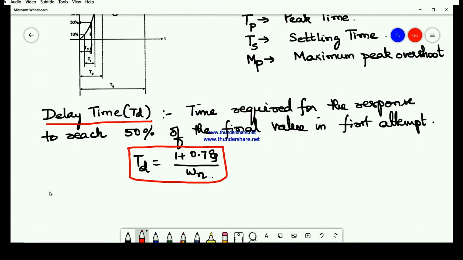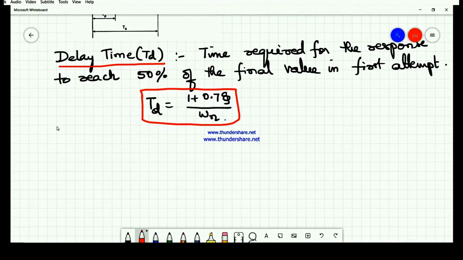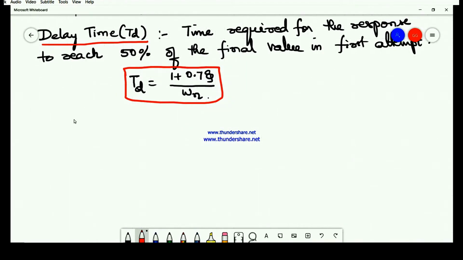Normally we don't go for derivation of delay time. This is the formula which we use to find out the delay time.